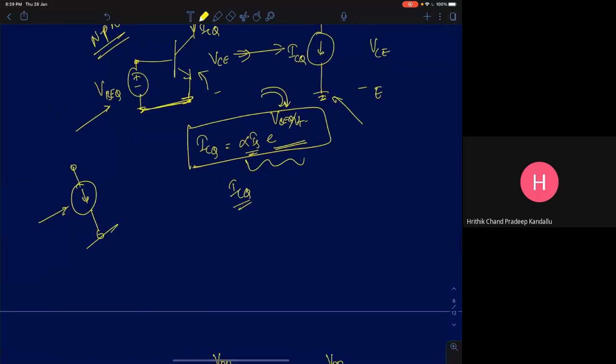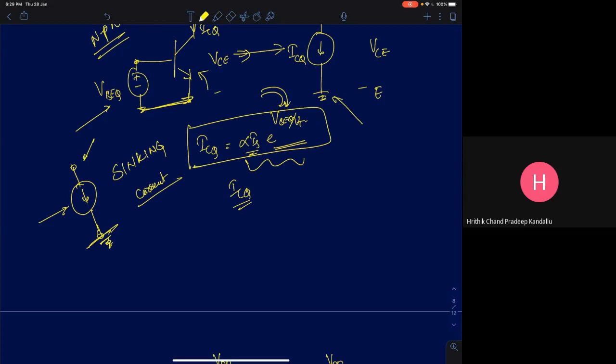Sinking current is current that always goes into the ground. It's called a sinking current source. So one node is at ground, the other node is free.